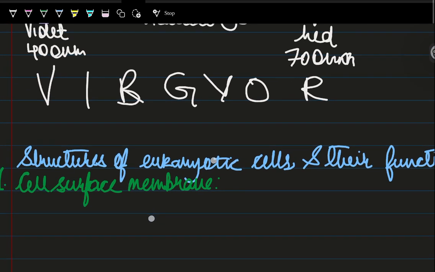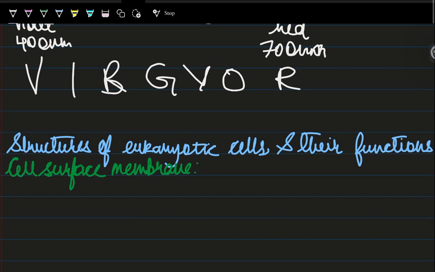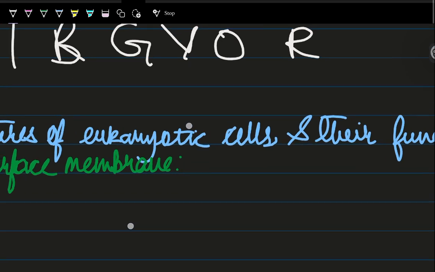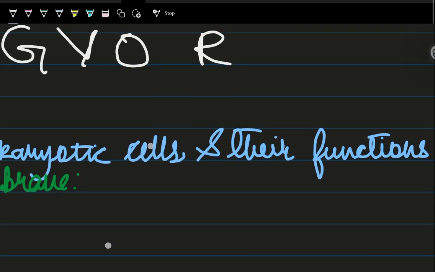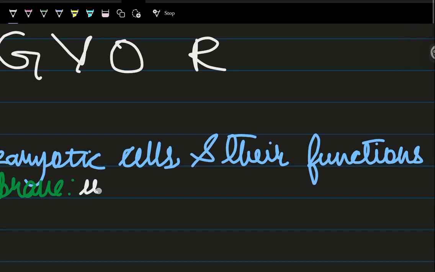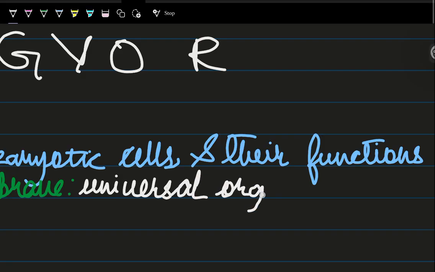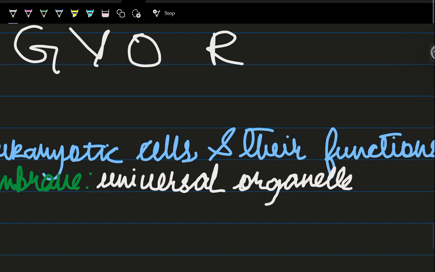Yes. So every cell in this world is surrounded by a cell membrane. So the cell membrane is a universal organelle. Now the cell membrane helps in the exchange of substances.